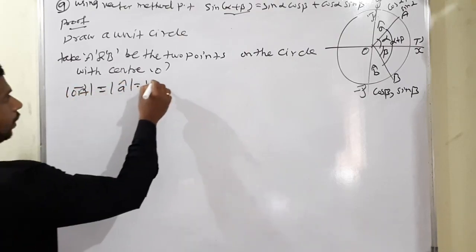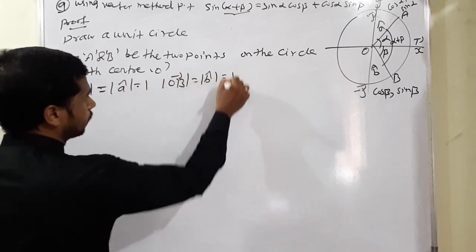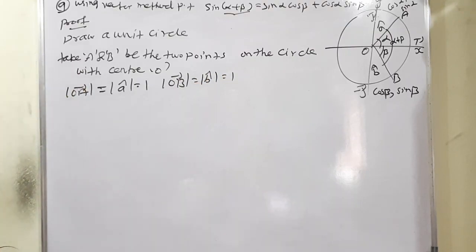Already we know the unit vector, as well as modulus of OB vector considered for B cap. That is also a unit vector, term 1.